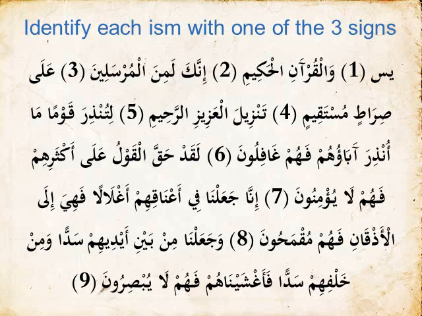Pause the video, read the entire slide, and identify the ismun. In other words, identify the word that has an al at the beginning, or has a tanween, un, an or in at the end, or has a ta marbuta at the end. So pause the video and try to identify all the ismun.